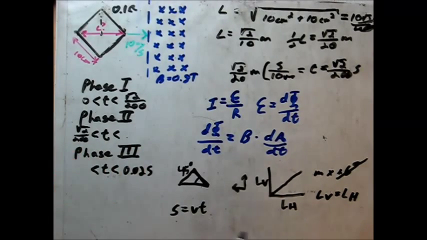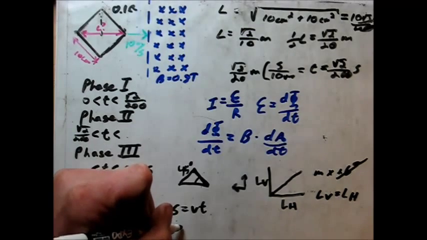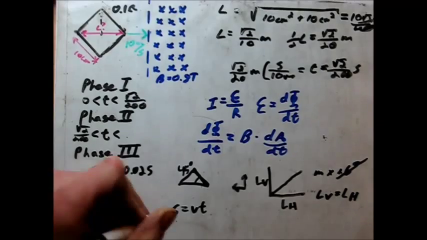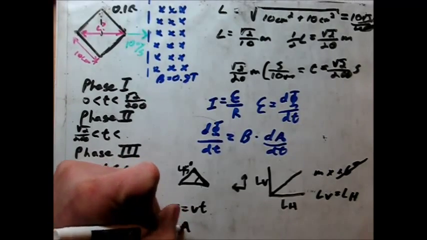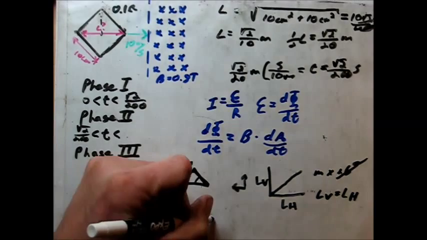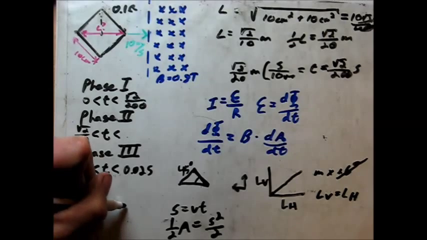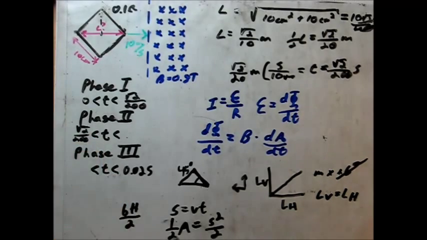Now, we're looking at half of our square here, so let's call it 1/2 of our area. 1/2 of our area equals s squared over 2, because the way you calculate area for a triangle is base times height over 2. If the base and the height are equal to each other, you have s squared over 2. Then let's substitute in what s is, which would just be the velocity times the time.